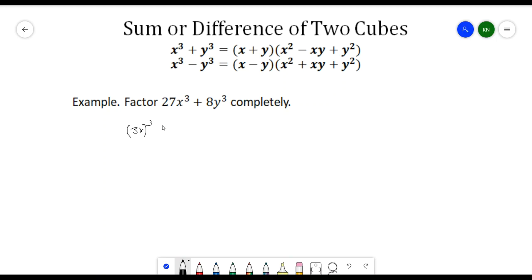Now for this one, the cube root of 8 is equivalent to 2y, and that is cubed. So meaning to say, we already got our x cubed and our y cubed. So our x is 3x and our y is 2y.